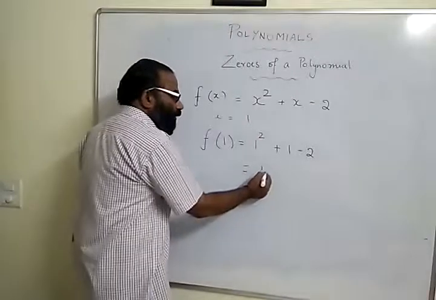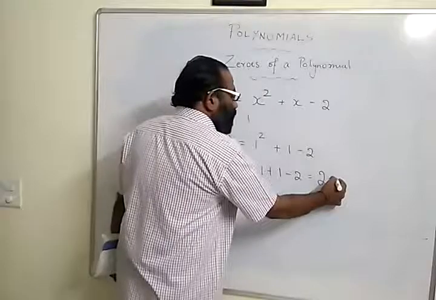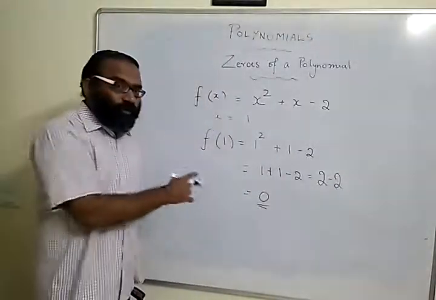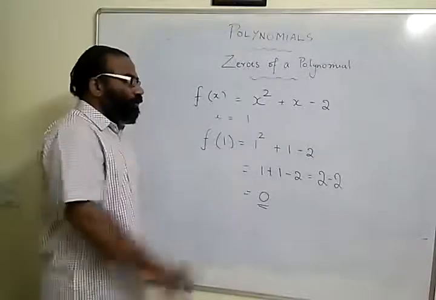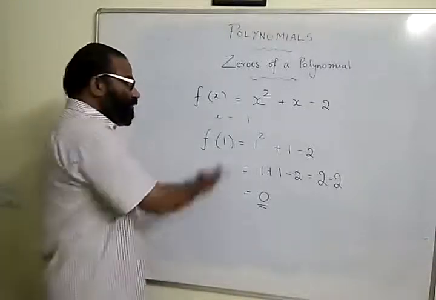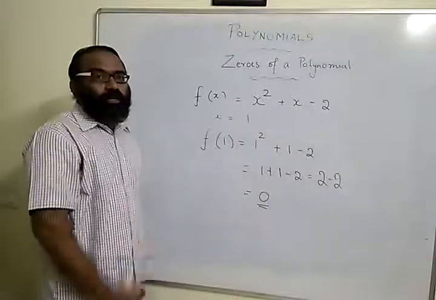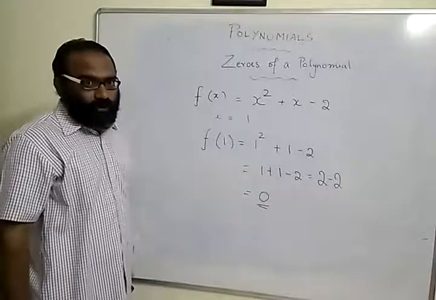So 1 plus 1 minus 2, which is 2 minus 2, and the answer is 0. So we found out that for some particular value of x, the whole polynomial became 0. This value of x, for which the whole polynomial became 0, is known as the 0 of the polynomial.